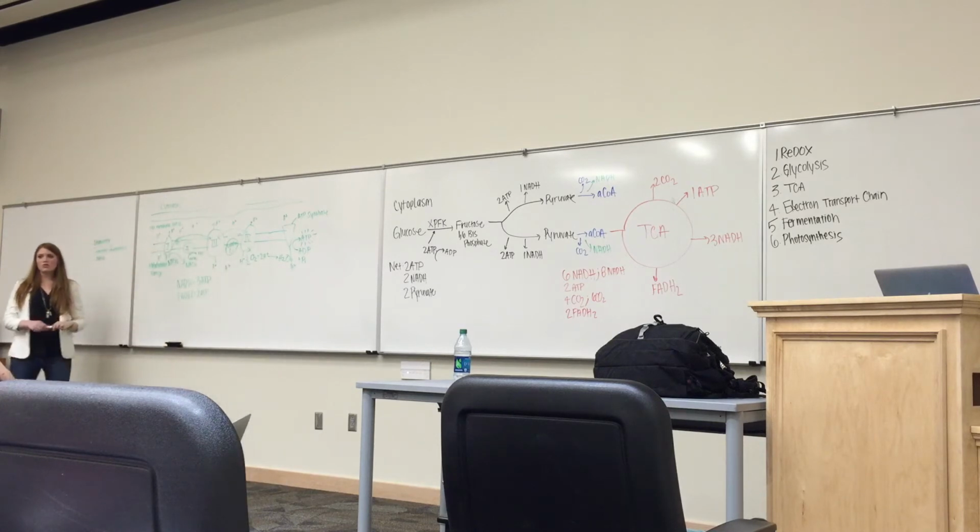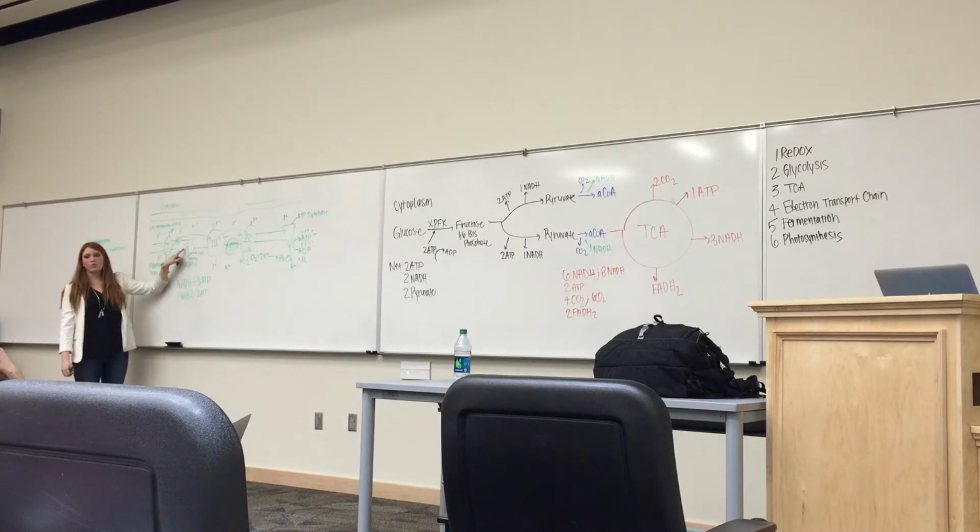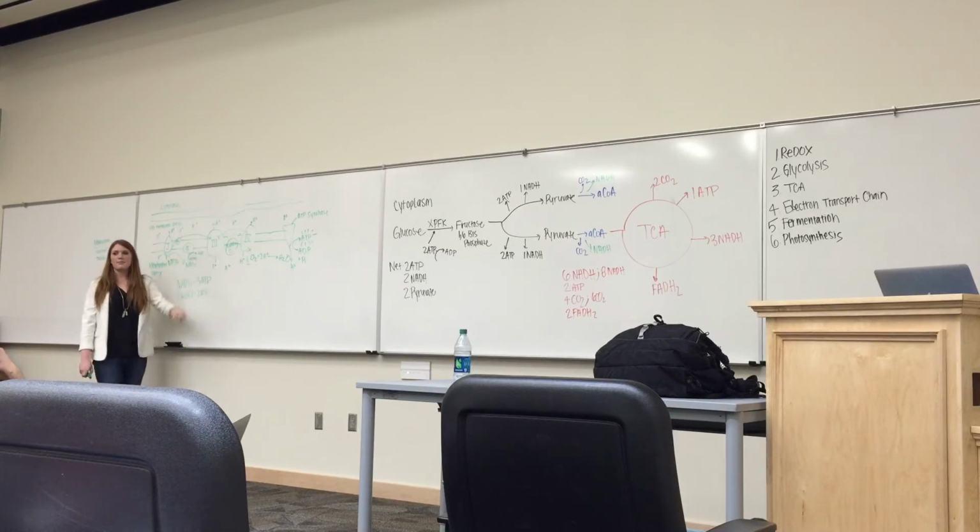However, FADH2 does not have as much potential energy, and so it doesn't start at complex 1. FADH2 is more oxidized than complex 1, so it isn't going to give its electron to that, but it will give it to complex 2, and then from there it can be passed on.